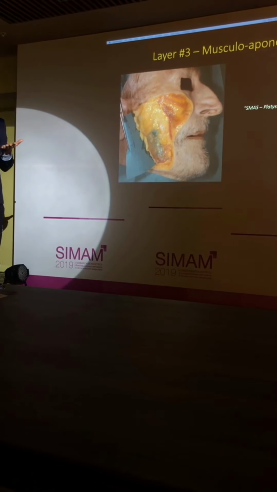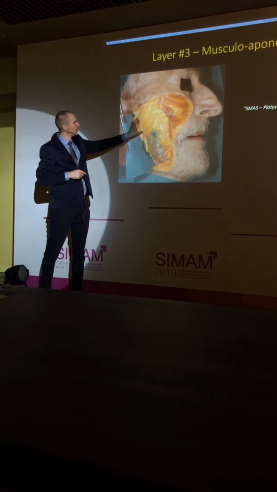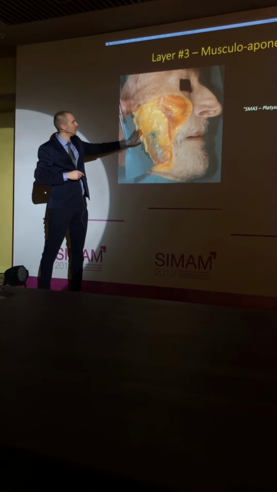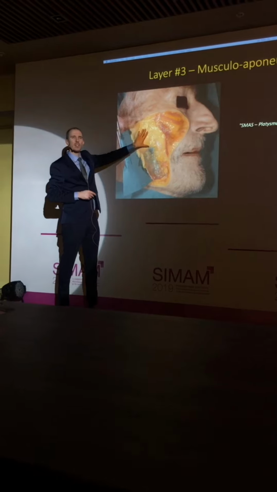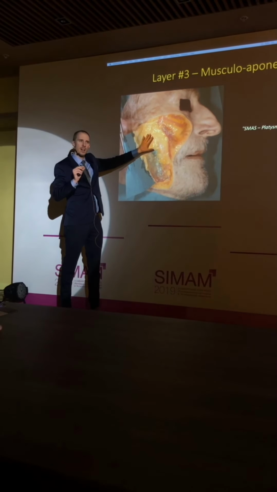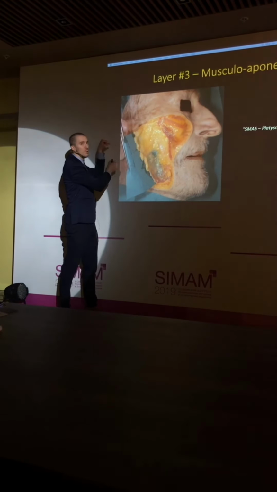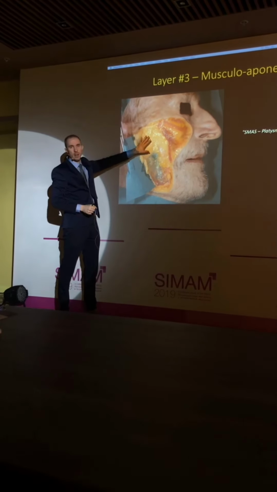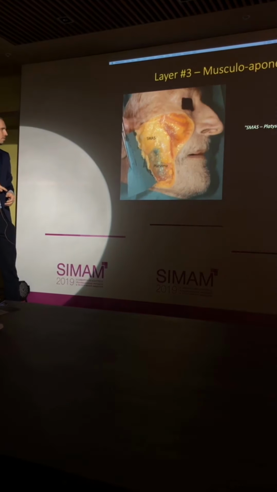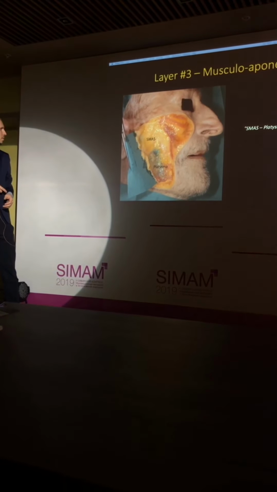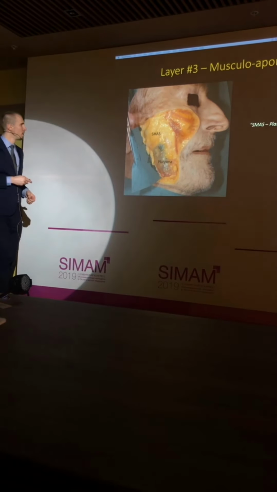It's not like paper. It's created by multiple layers. It's like a sponge. It has a thickness as well. But still, we can dissect it and we can use it for tightening.